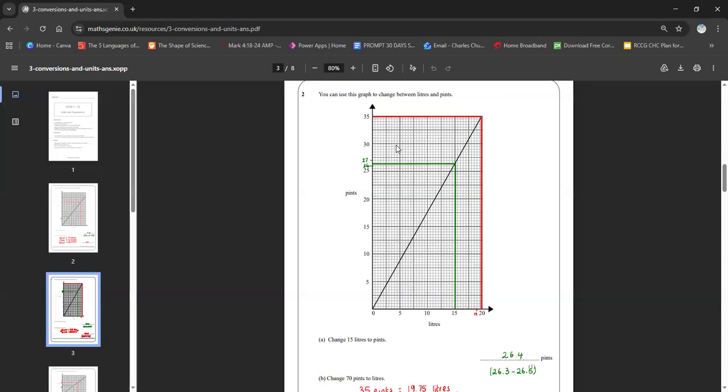So from zero, going up, I think it's 2.5 and then 5 and then 7.5, and then plus 2.5. And then there's one, two, three, four, five. Would you do 0.5 divided by 2.5?